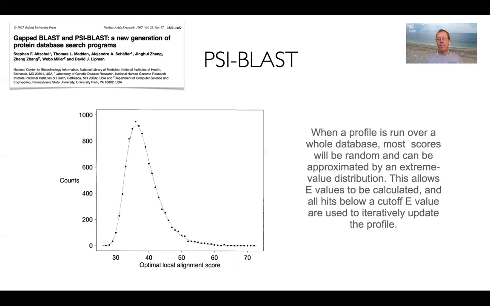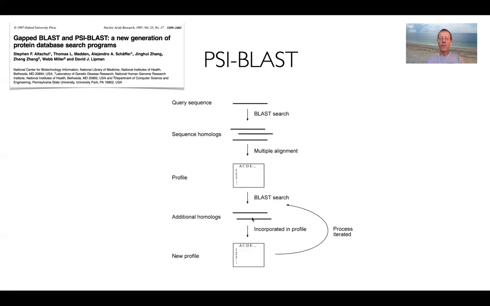You have to be a little bit careful when you do this, because if you include too many sequences here, some that are not actually homologs, you will start to pollute your sequence profile, and it will start to include proteins that are actually not part of the domain family you're interested in.